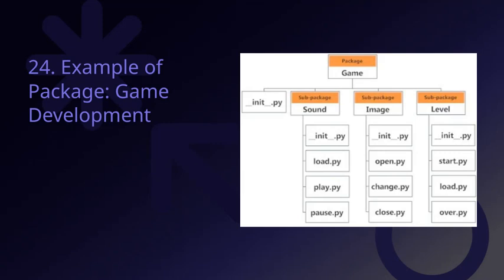Let's take a look at an example of a package in action, specifically in the context of game development. When we talk about a package here, we're referring to a bundled set of tools, resources, and code that work together to streamline the development process. In game development, this might include assets like graphics, sound effects, and animations, as well as scripts for game mechanics and logic.